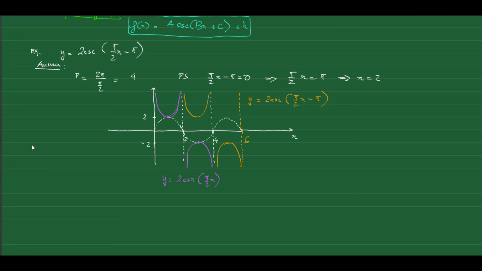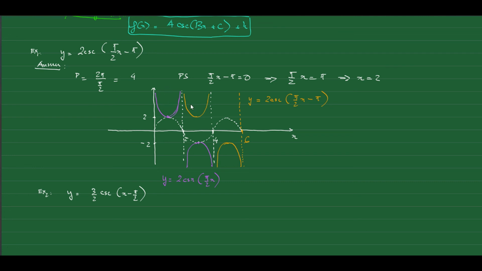Now in the second example, I want you to do it yourself. Very easy. y equals 3 over 2 cosecant of x minus pi over 2. Now just think about it: what if over here they add 4?